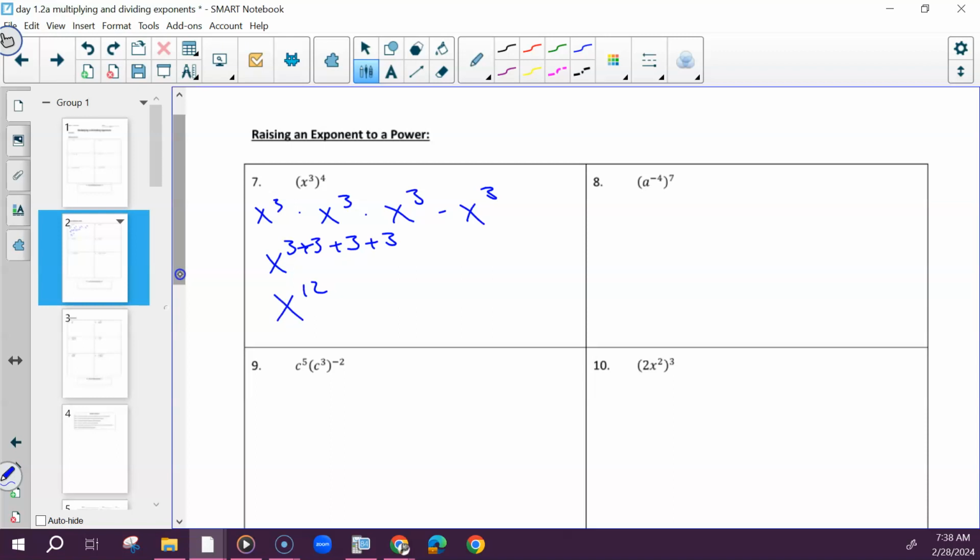I could have also expanded each x to the third, but since we already know that rule, we're not going to keep doing that part. So x to the third to the fourth will give us x to the 12th.